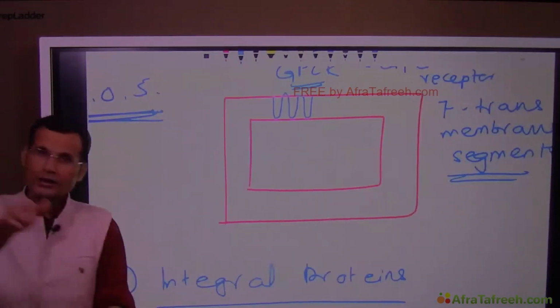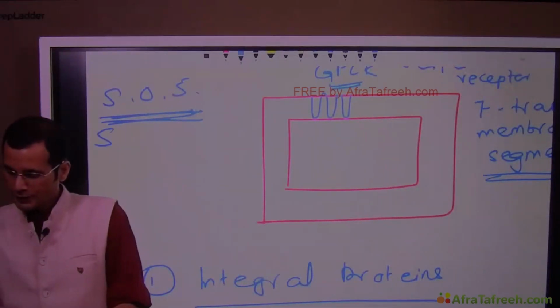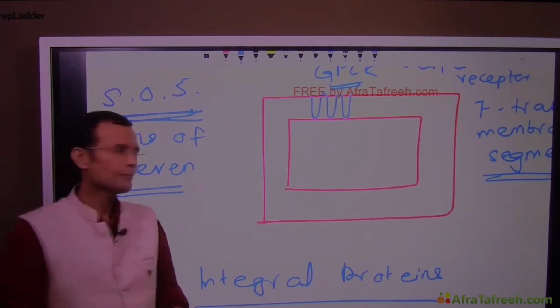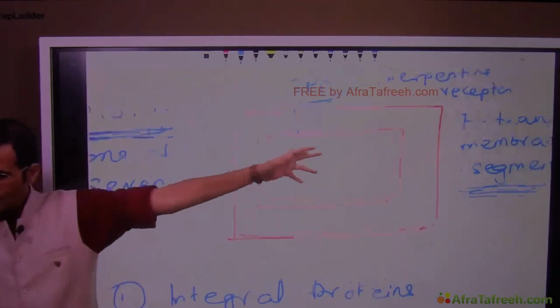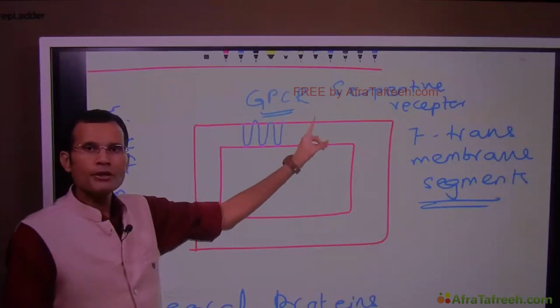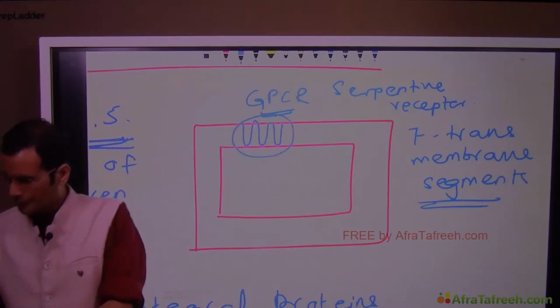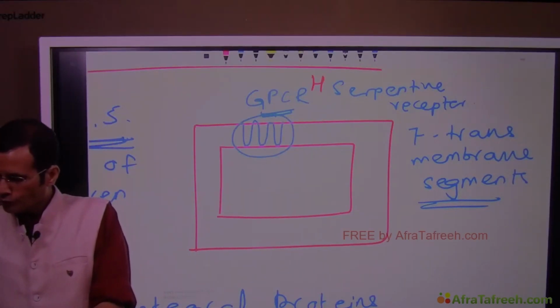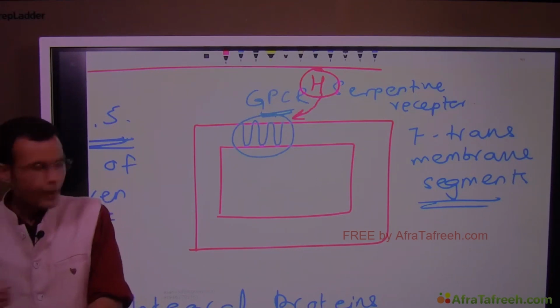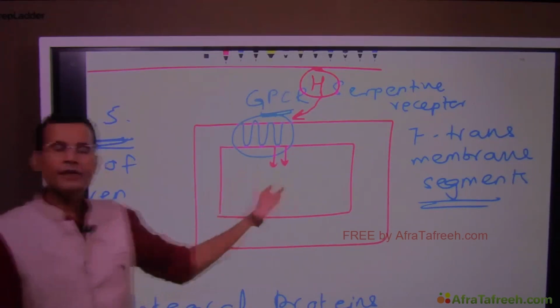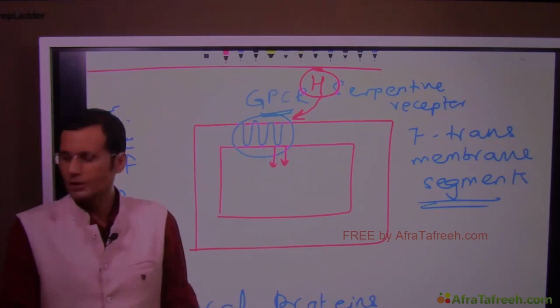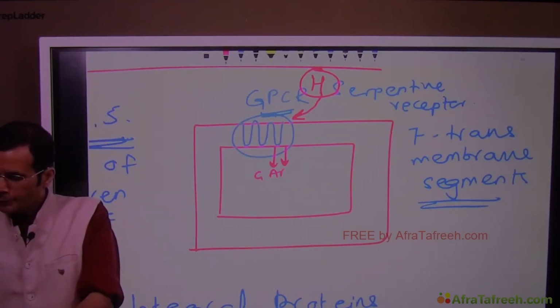Here there's another meaning. SOS here means sons of 7. Yeah, sons of 7. Now what is the connection? Look, this is a GPCR, G protein coupled receptor. Here is a receptor in the cell membrane. So when a particular hormone arrives at the cell and combines with this receptor, this combination will form the intracellular products, the so-called second messengers, like cyclic AMP, cyclic GMP.